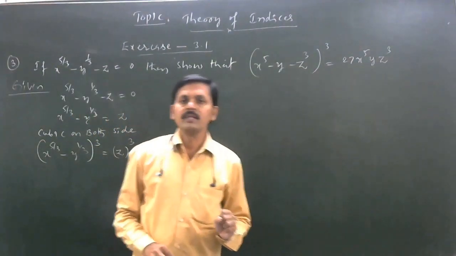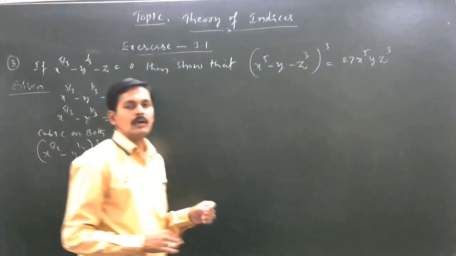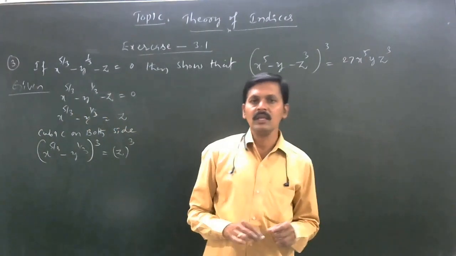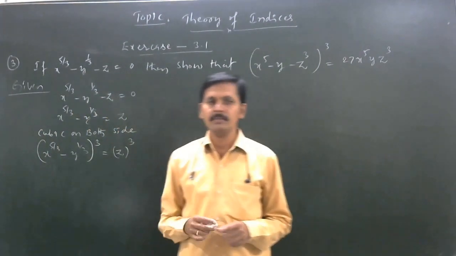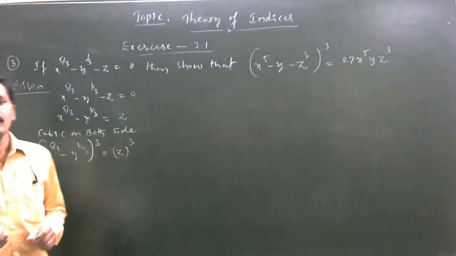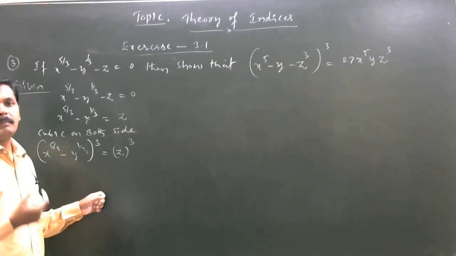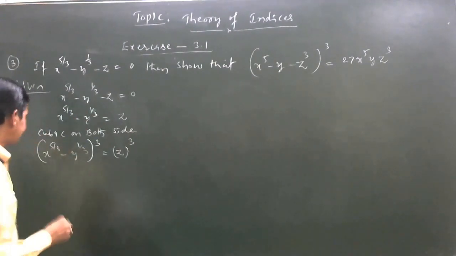Here, what is the a minus b whole cube formula? A minus b whole cube is a cube minus b cube minus 3a square b plus 3ab square.